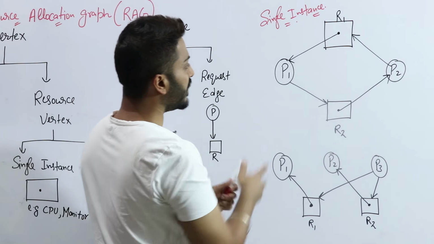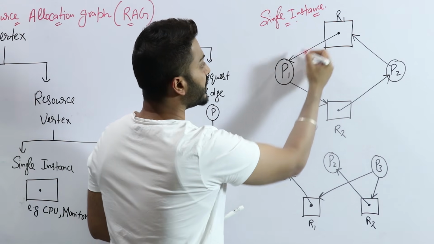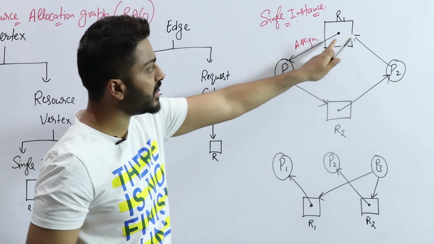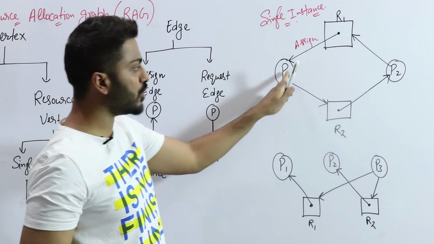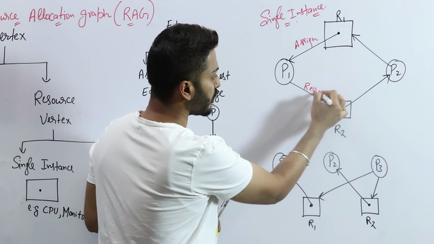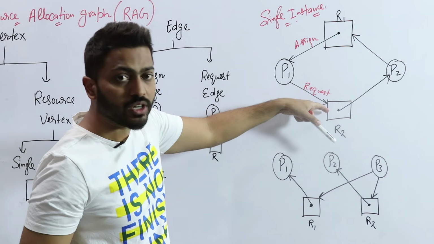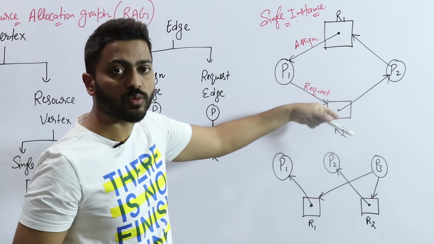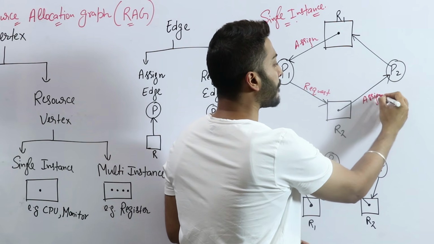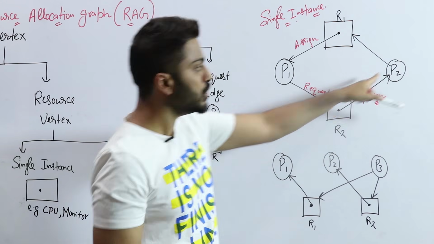So what does P1 represent here? P1 has taken, meaning assigned, R1. P1 has already taken R1, but it requests R2 because the edge is moving towards the resource. It means it is requesting. And here P2 has taken R2 because the edge is moving from the resource towards the process.